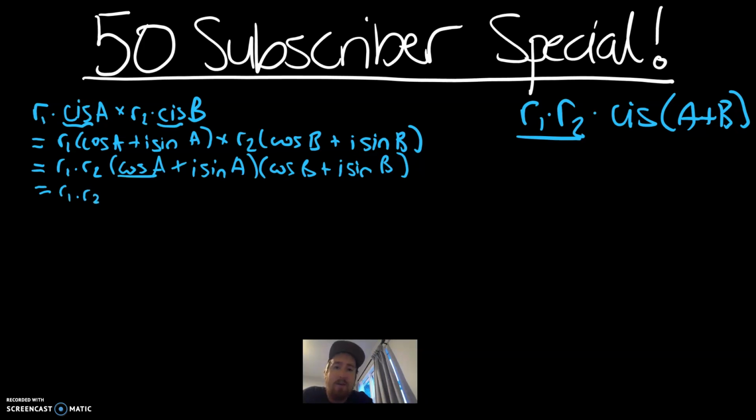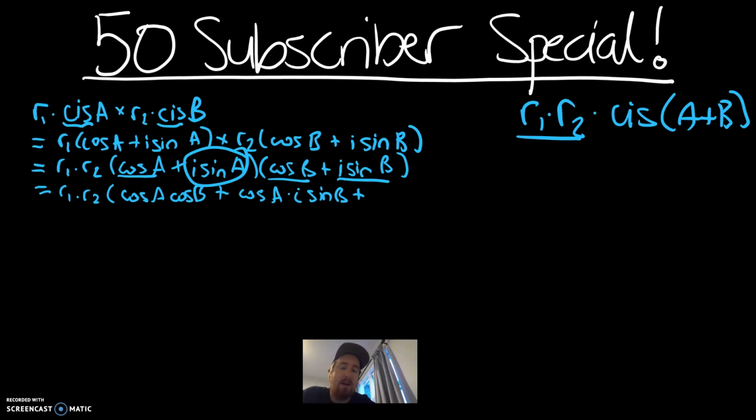And we're going to do the first term times the first term of the second bracket, so that's cosine A cosine B. We're then going to do cosine A times the second bit of that bracket, so that would be cosine A times i sine B. We're then going to multiply the second term in the first bracket by both of the terms in the second bracket.